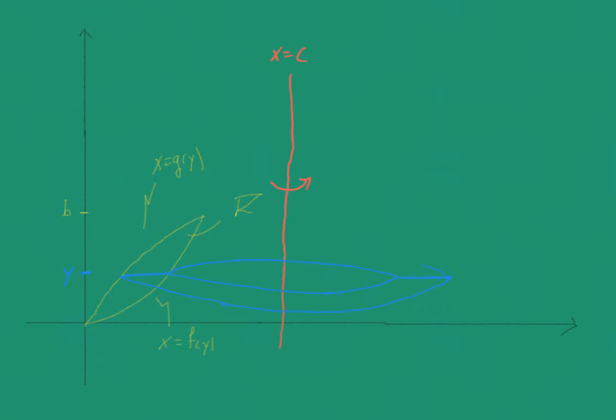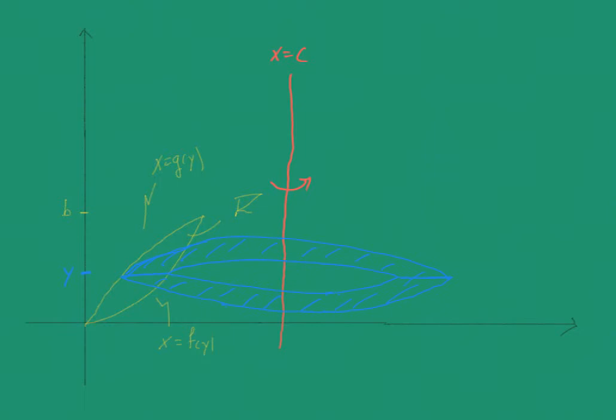So there we have it here. So when we rotated this horizontal line segment at y, which we did because our region was described in terms of functions of y, we got a nice washer shape. So this will be a good situation for us to use the method of slicing.